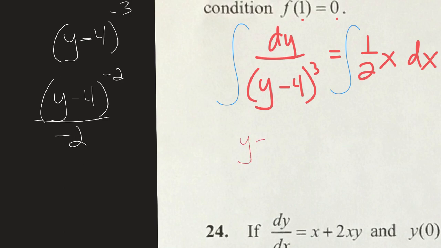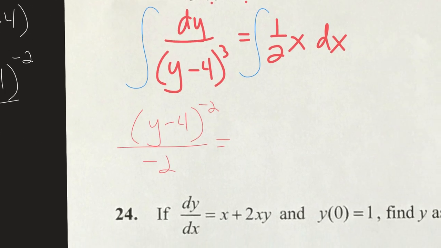And on the right side, we have 1/2 of x squared divided by 2 again, right? Because we raise it to the second power, so we're dividing it by 2.